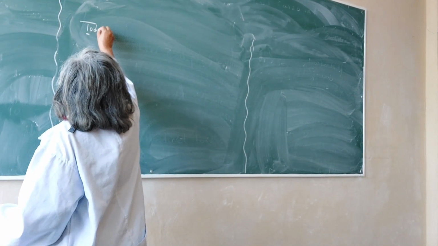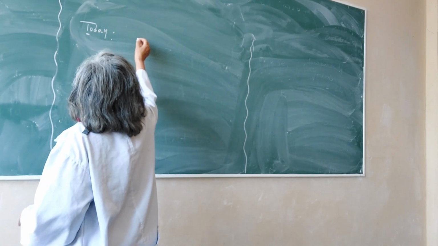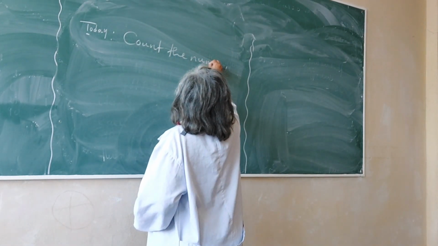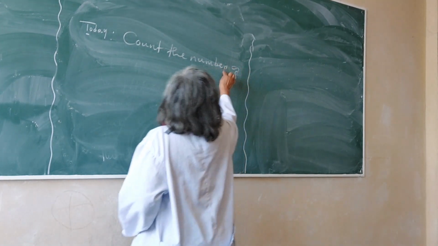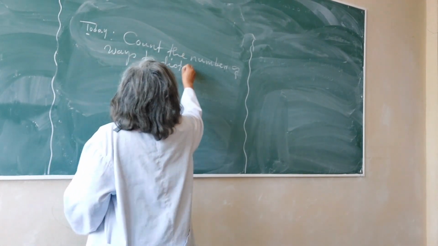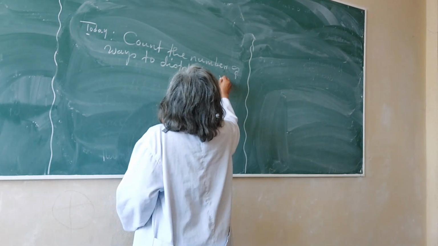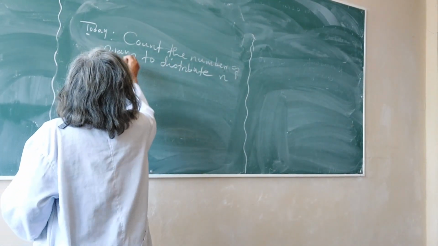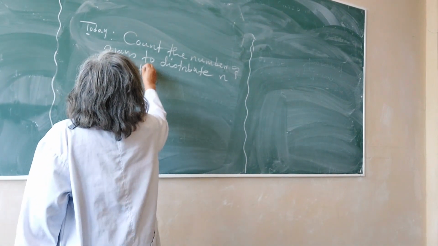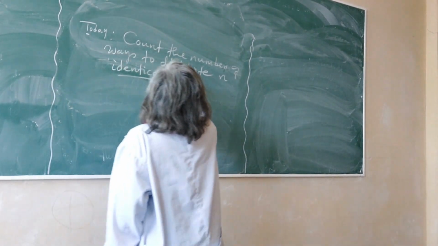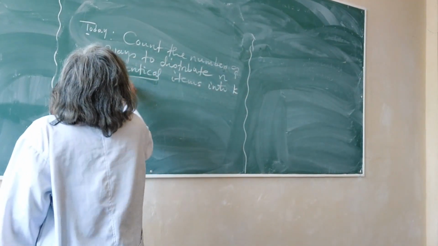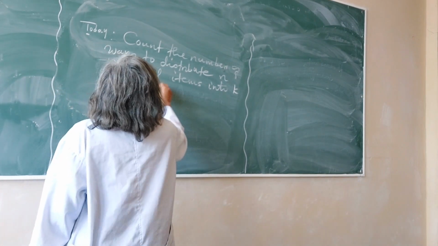Now, this is today's topic. Today we're going to count the number of ways to distribute identical items, not distinct, but identical items, into K distinct boxes.